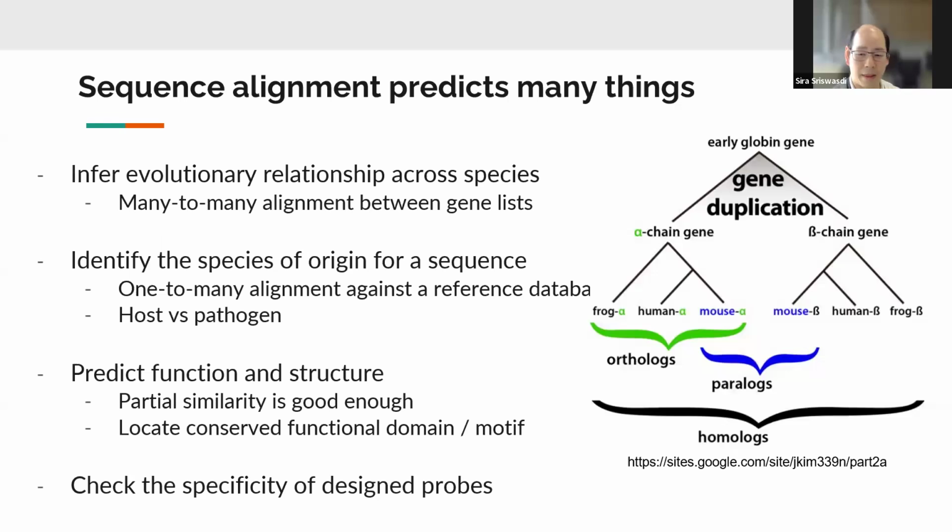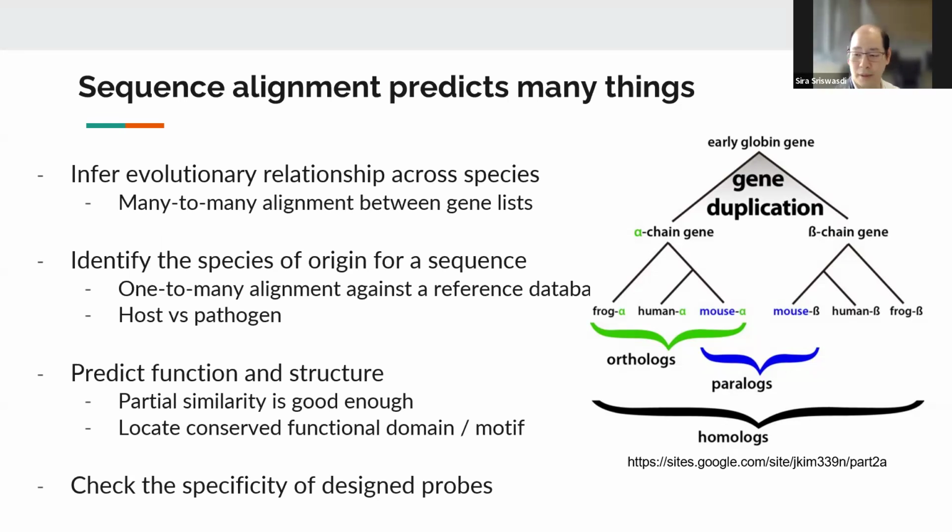But I just want to summarize that with sequence alignment, by being able to compare similarity between two sequences, you can infer evolutionary relationship. You can identify the species of origin. You might have some DNA fragment from a patient's blood, and you want to know if this comes from a pathogen or from a harmless bacteria.